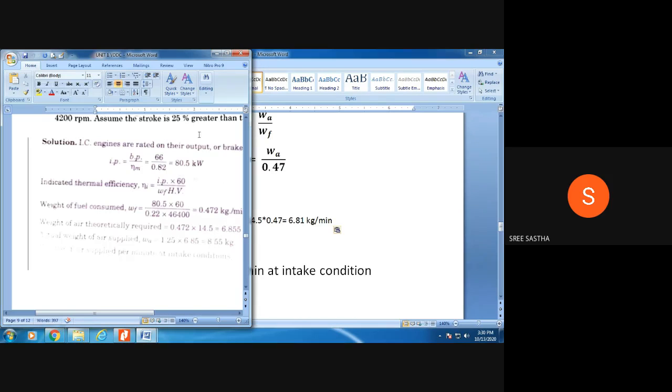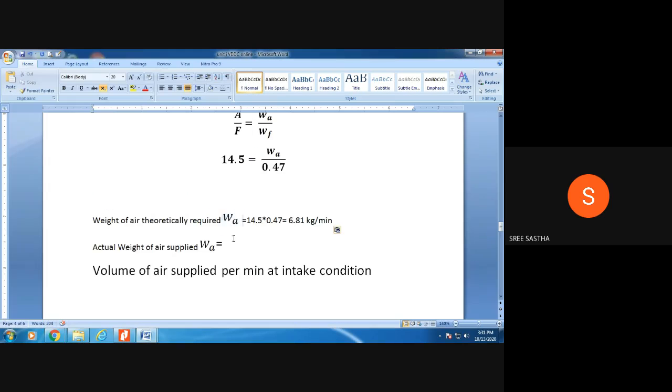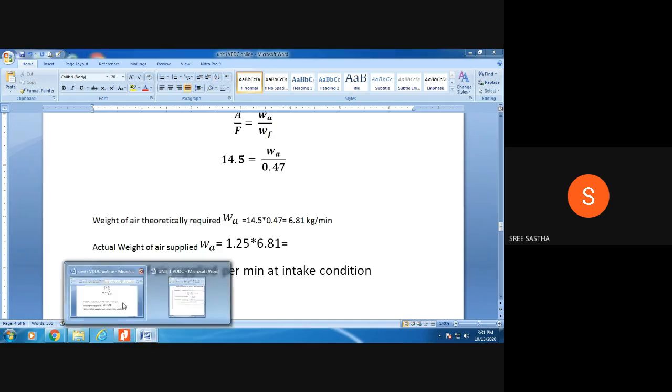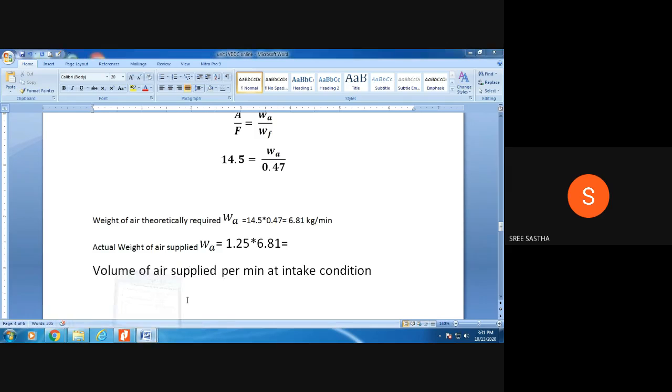So you have to multiply 6.81 by 1.25 because I am supplying 25% more. This is very, very important. If I am saying 30% more, you will put 1.3. Put 6.81 times 1.25. What will be the answer? 8.51 kilogram per minute.